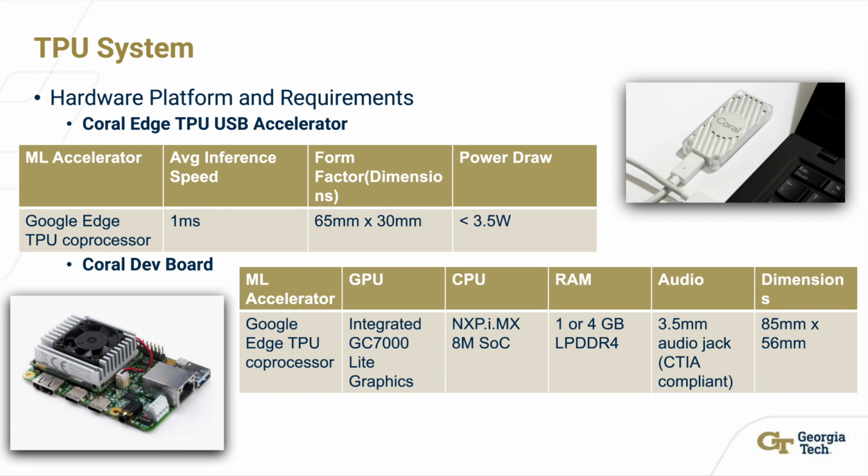And we picked this as something with a small form factor and low power draw, as well as having a very low inference speed. Both of these units demonstrate that, but the Coral Dev board is a system that allows us to do the spectrogram generation in real time on the board without any laptop support, and can happen all in one system.